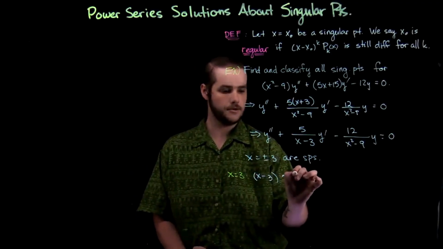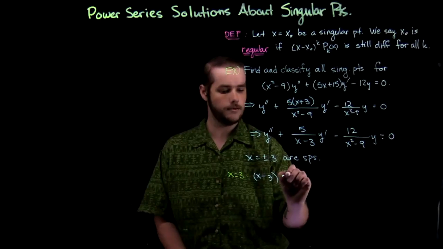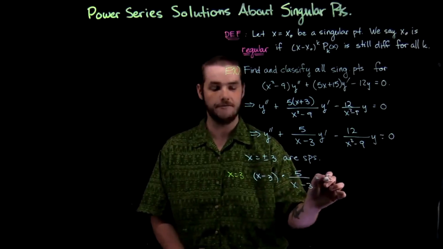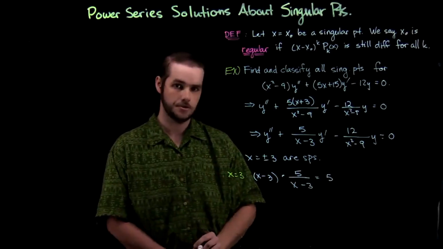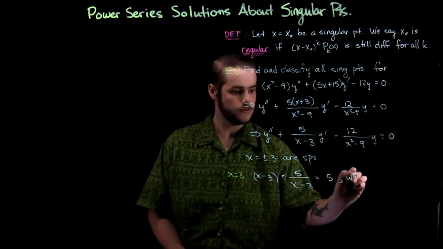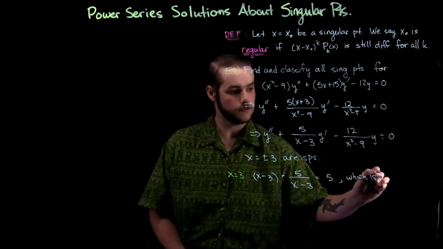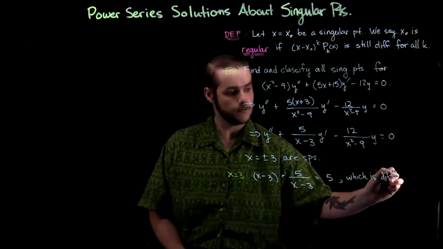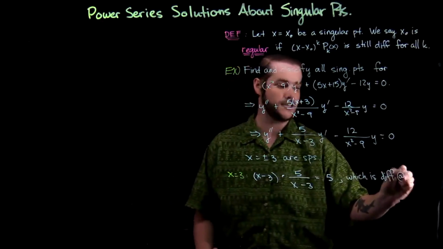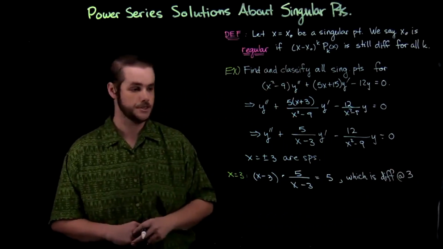So I get 5 over (x minus 3), times (x minus 3). That just gets me 5, which is certainly differentiable. In fact, everywhere, but at the singular point is where I care about at least.